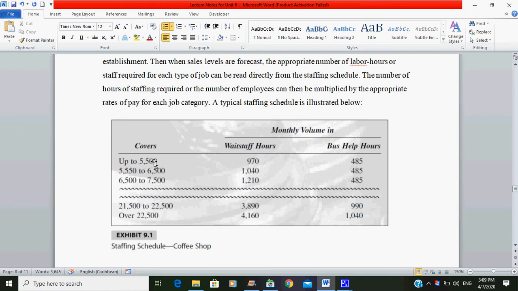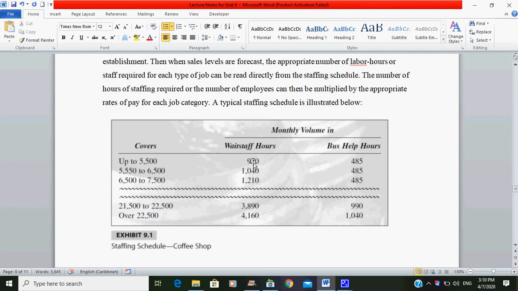What this is saying is that the waiter used 970 hours to cover 5,500 guests. Bus help hours, the personnel who operate this, use 485 hours to cover 5,500. Good? This is not referring to the individuals. This is referring to the amount of hours.